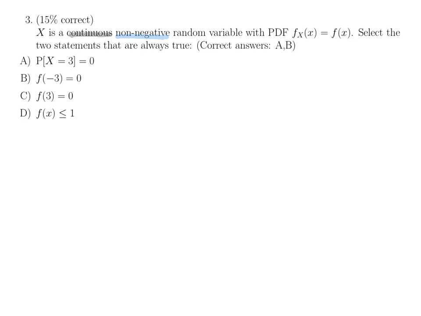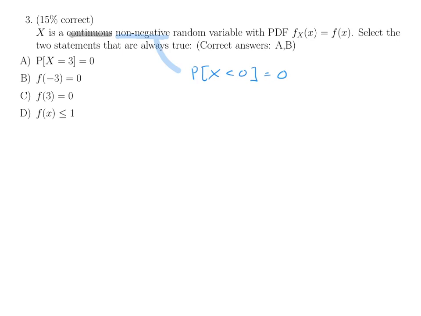Non-negative really is a fancy way of saying that the probability that x is less than 0 equals 0. Like the random variable x is either going to be 0 or some positive number, right?